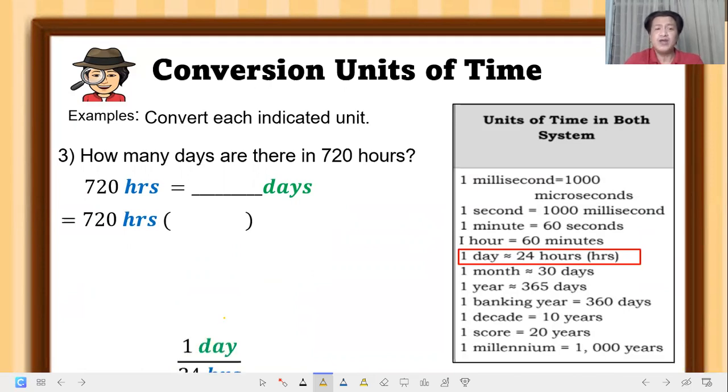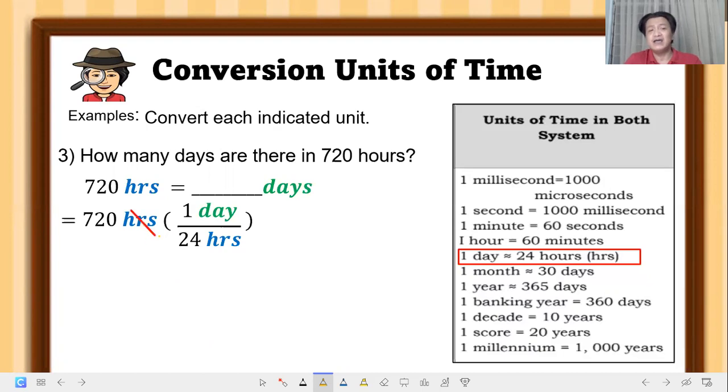We write it in fraction form, but take note the unit fraction, its denominator unit, should be the same as the given. Then cancel the hours, the same unit. And then what remains, just multiply. 720 times 1, 720 still. Divide by 24. That is equal to 30. So 30 days is equal to 720 hours.